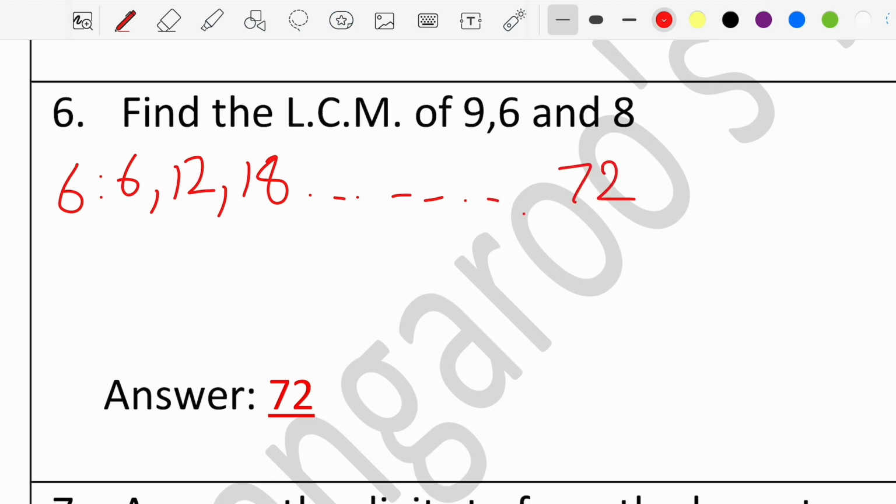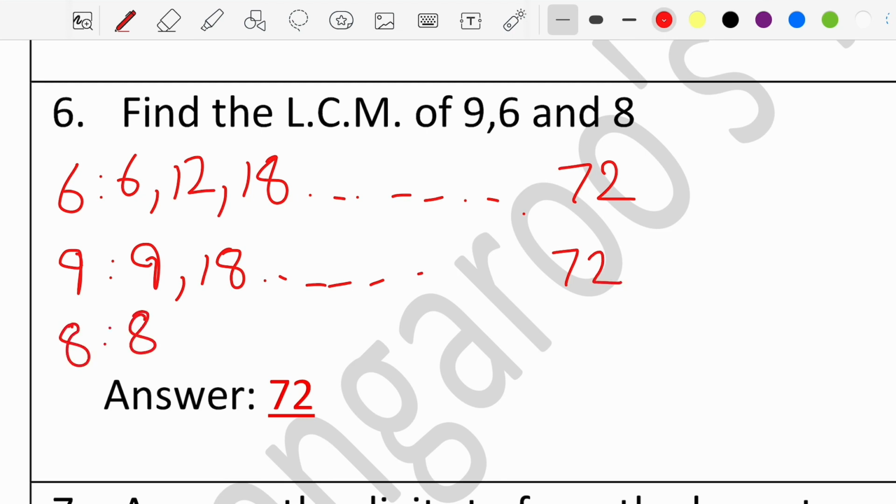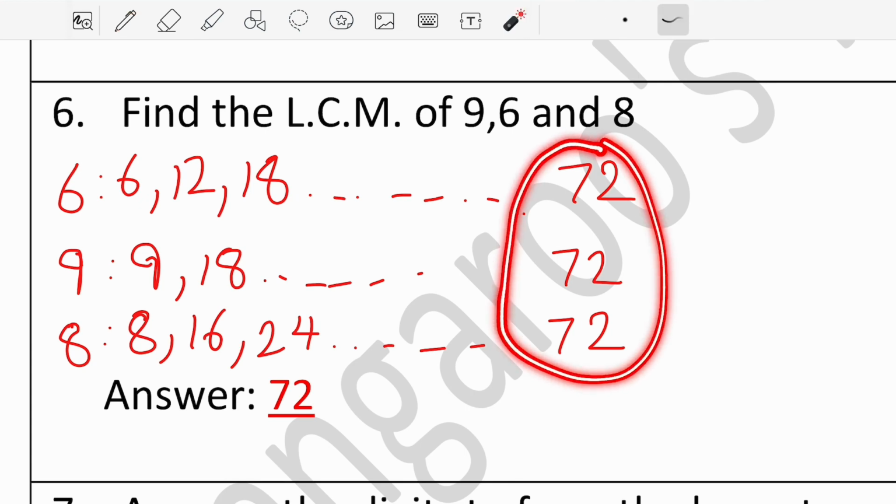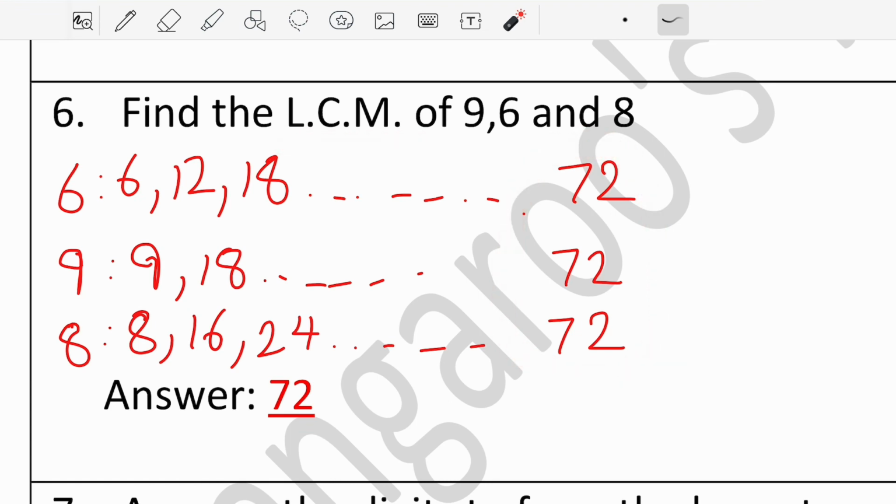If we do the same for 9, then 9, 18, and we keep going and we'll reach 72. Similarly for 8, 16, 24, all the way to 72. And we will notice that 72 is the first common multiple that we'll find, and therefore it's the lowest common multiple.